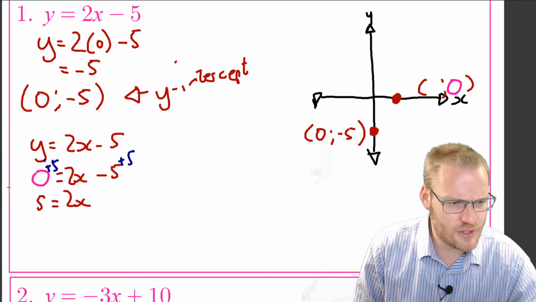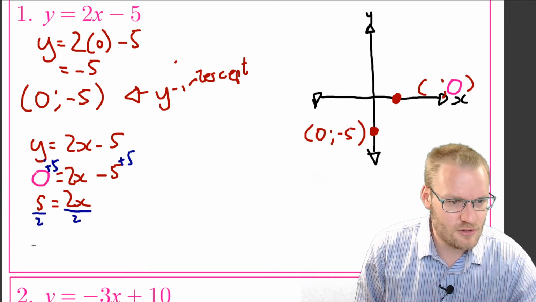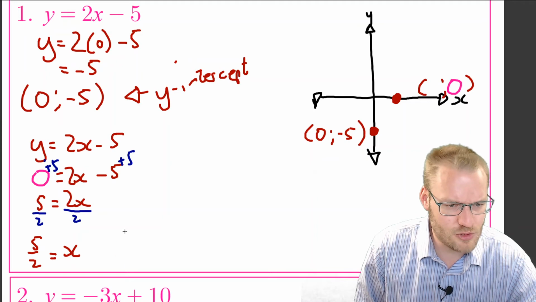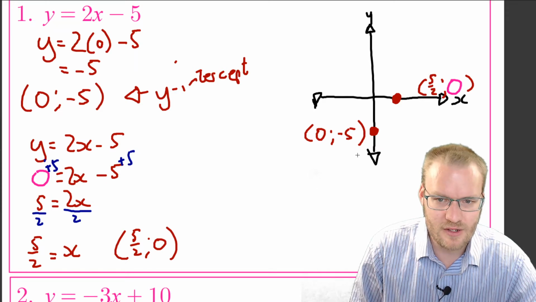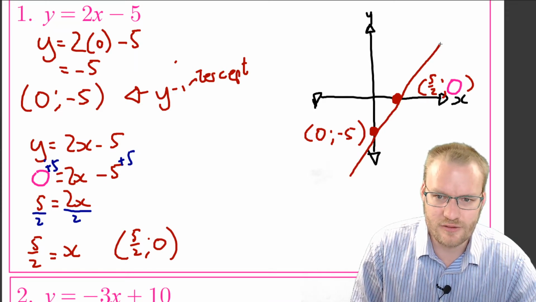If we just want x, what do we need to do? Let's divide both sides by 2. So x is 5 over 2. In other words, when x is 5 over 2, y is 0. So we can put that in and we can sketch our graph.